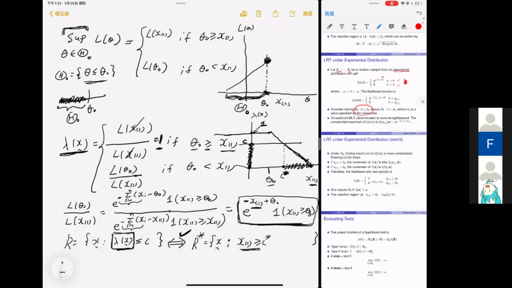Could you explain one more time why you know that it's x1 greater than or equal to c star? Did you see this graph right here? Okay, so I said the LRT has to be lambda x smaller than c, right? Then look at its function.